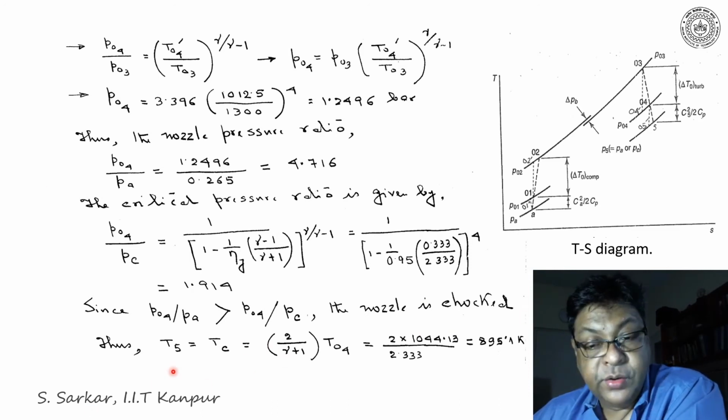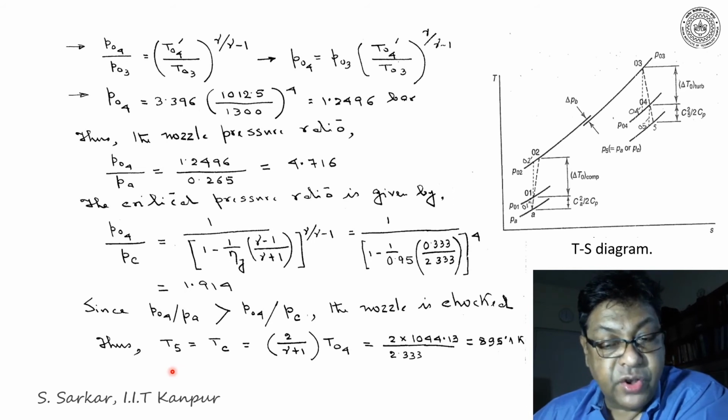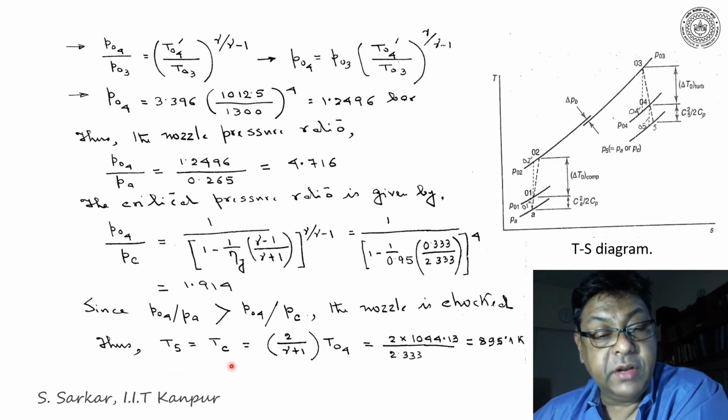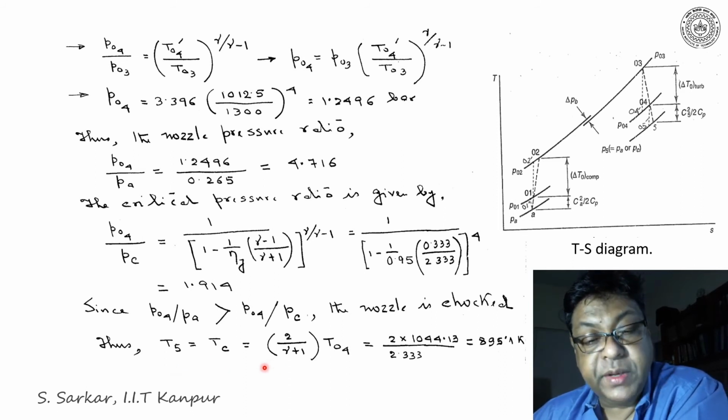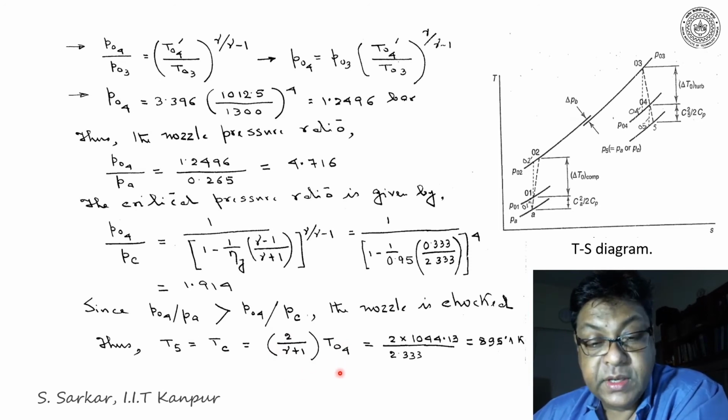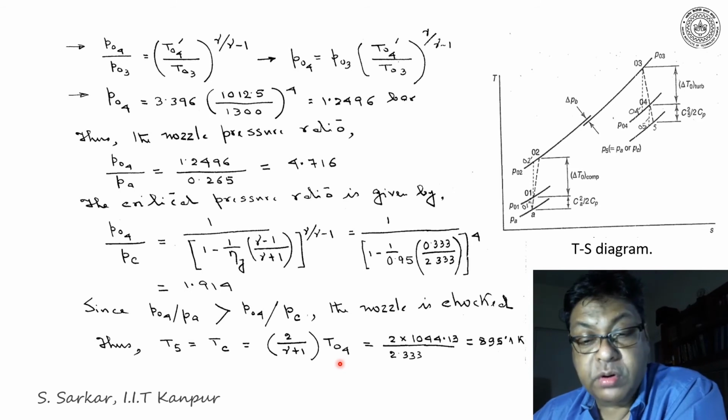Now we can say in this case when the nozzle is choked, T5 must be equal to Tc. That would be equal to 2 divided by gamma plus 1 into T04. So I know T04.